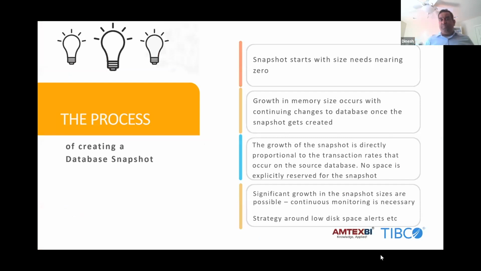Now let's talk about the process of creating that snapshot. When you're first entering into this, the size starts at almost zero, and all of the growth happens through the transaction rates that occur on the source database. If you have a constantly changing database, then your snapshot size increases through those sparse files I initially talked about, but there's no space explicitly reserved for the snapshot.